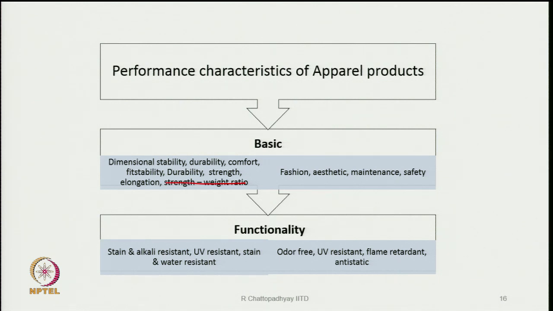From a functionality point of view, acid and alkali resistance, UV resistance, stain and water resistance are all important, so that we do not get even a watermark on the apparel product, like on a silk saree.